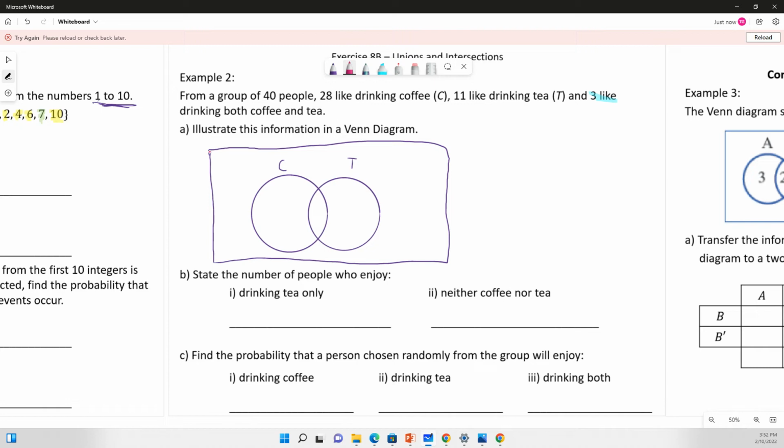So in the intersection, there are 3 people who like drinking coffee and tea. We know there are 40 people in total, and we've just taken away 3 of them.